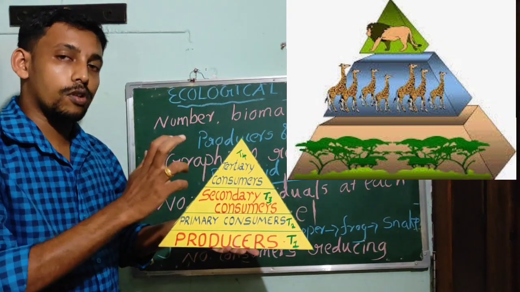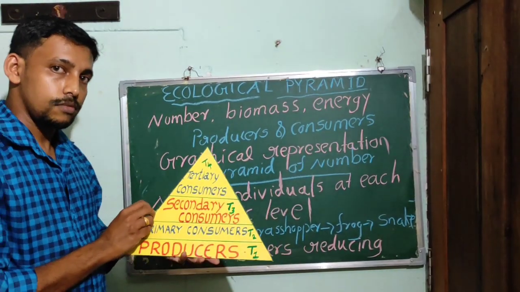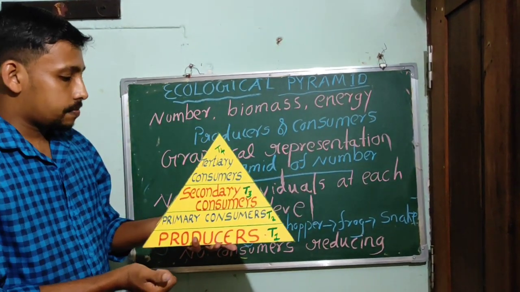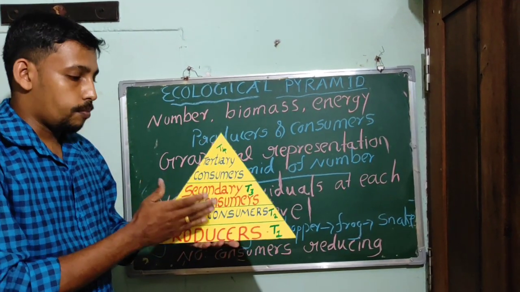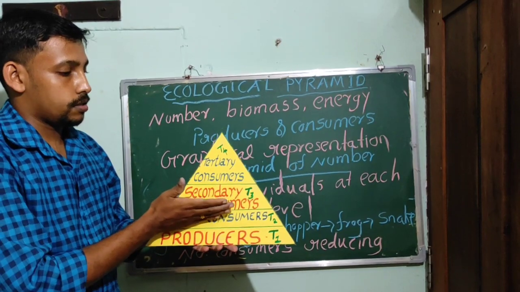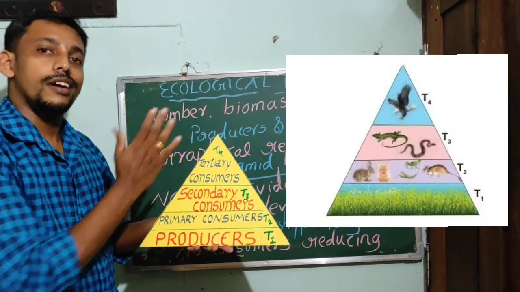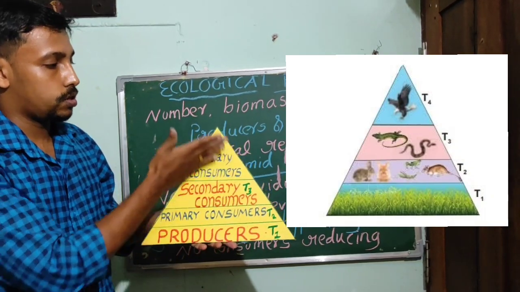We can see that the number of consumers is reducing from base to top. It is decreasing when we go from base to the top.